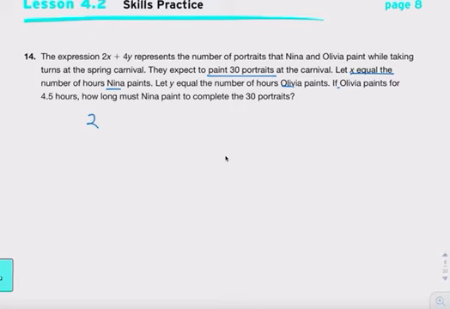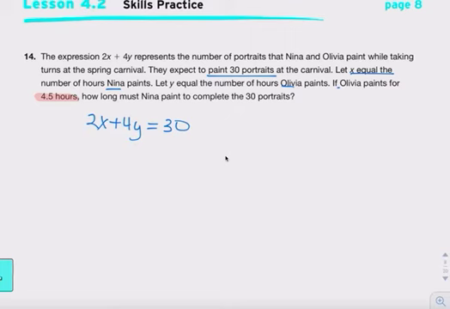Okay, so you've got 2x plus 4y, and together they make a total of 30 portraits. If Olivia paints for 4.5 hours, how long must Nina paint to complete 30 portraits?